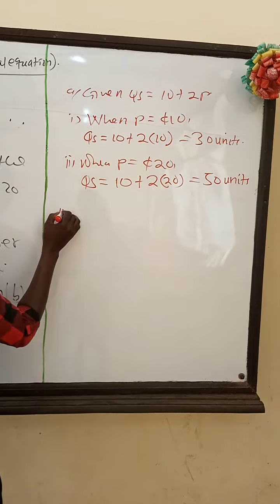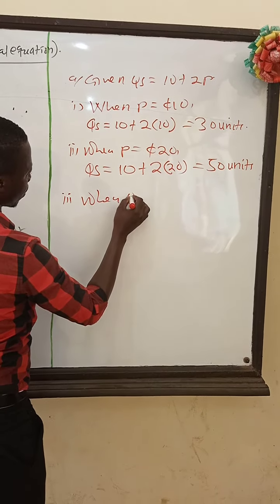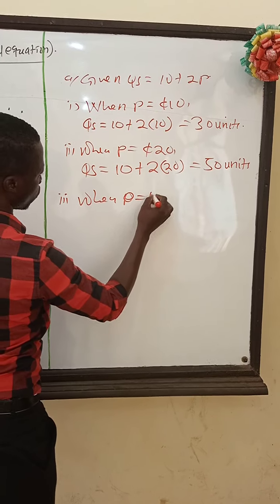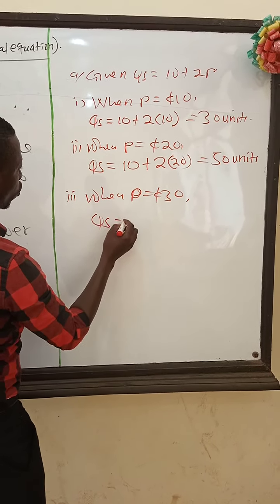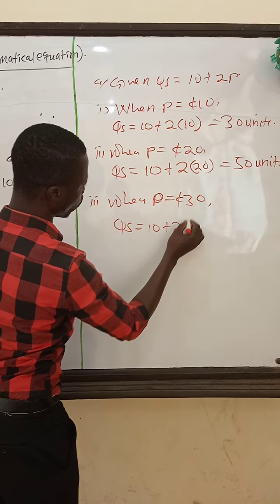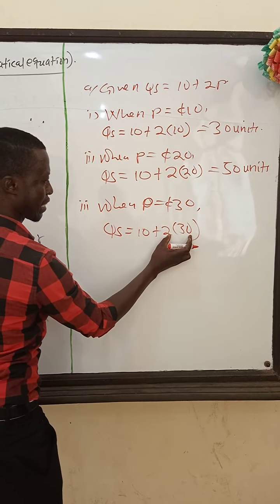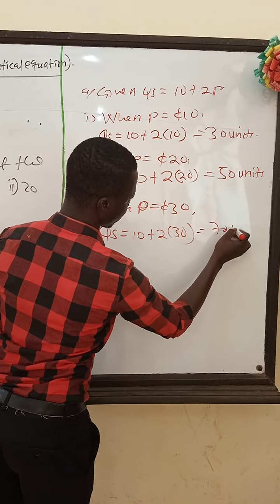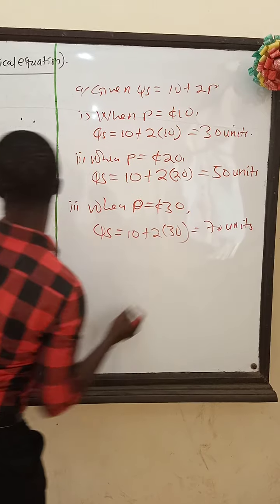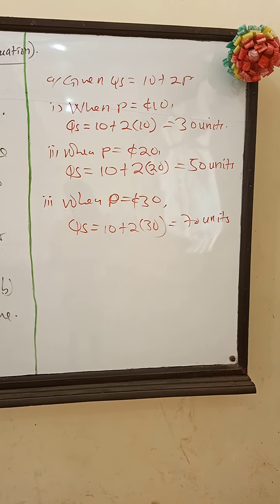Then finally, when P equals 30 cedis, QS will be equal to 10 plus 2 into bracket 30. Now, 2 times 30 will give us 60. 60 plus 10 will give us 70. So 70 units. So with this one, I am done with the A part of the question.